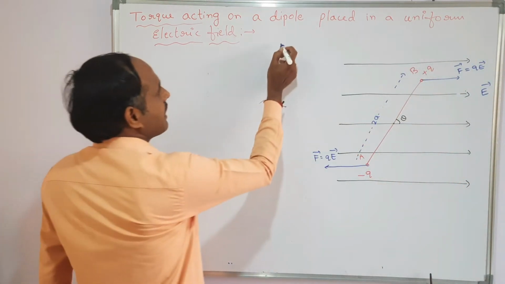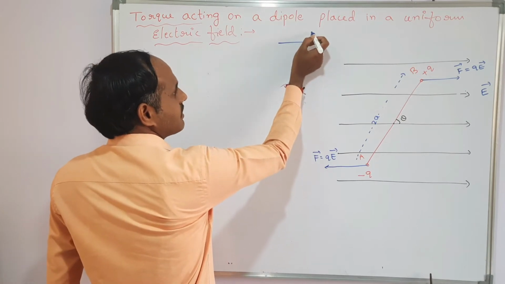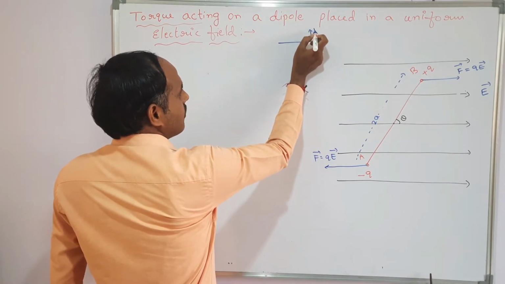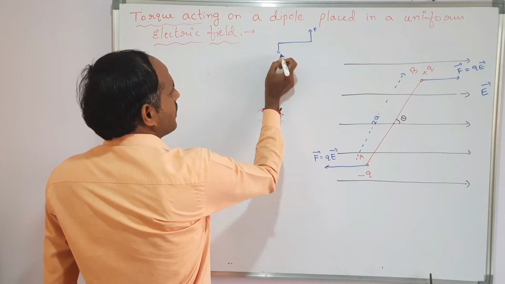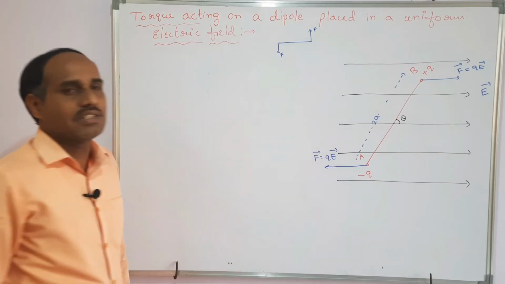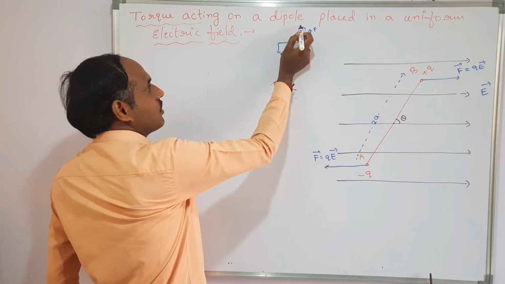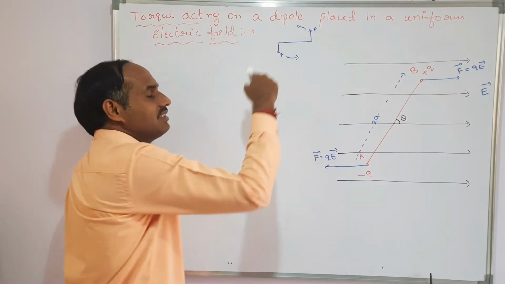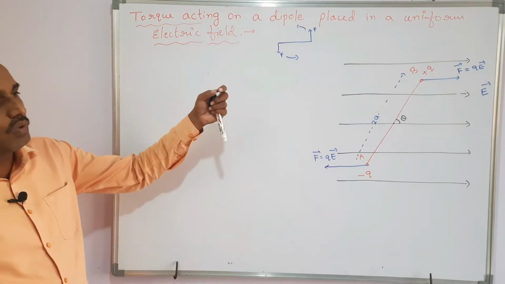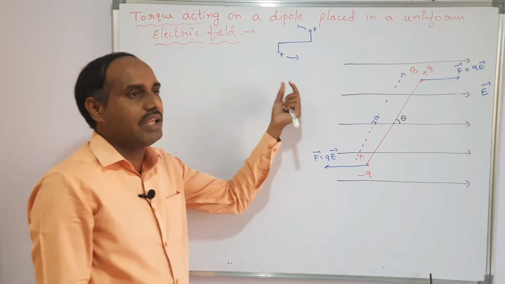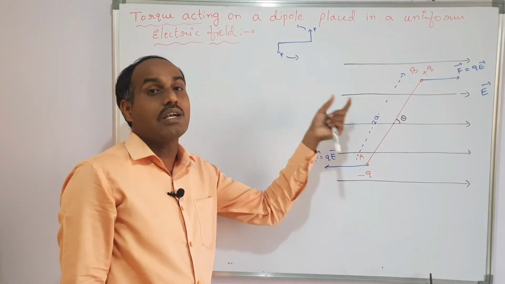From rotational mechanics, when two forces equal in magnitude but opposite in direction act on a system at two different places along a line, that causes rotation. In order to rotate a body, we need a physical quantity called torque.